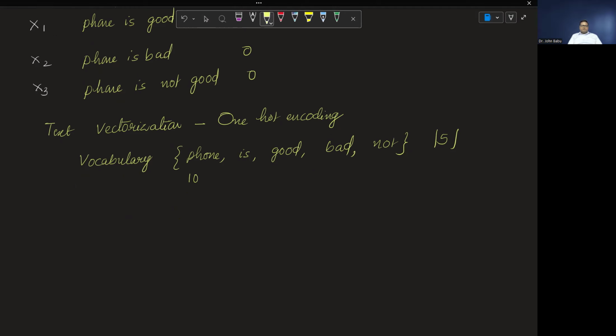So let us say phone is represented by 1 followed by 4 zeros, and this is represented as 0, 1, 3 zeros. This is represented as 0, 0, 1, 0, 0. This is represented as 0, 0, 0, 1, 0. And this is represented as 0, 0, 0, 0, 1.